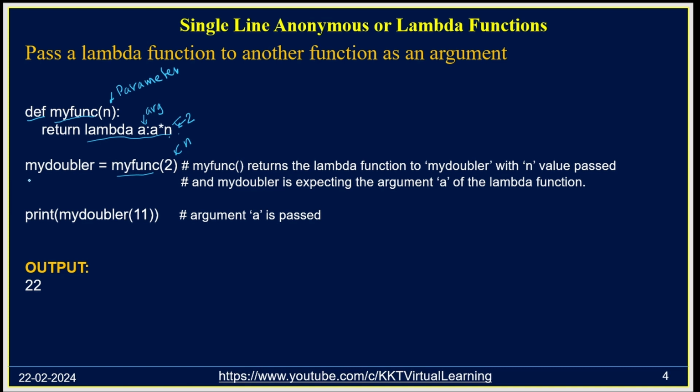That will be assigned to mydoubler. So mydoubler will have n equal to 2, and it allows you to pass the value a. Now, if you call mydoubler with 11, then this value is a. n is already 2. So 11 into 2 is 22. That will be returned by mydoubler. So if you print that, you will have 22.